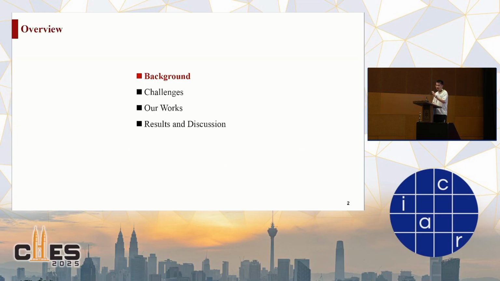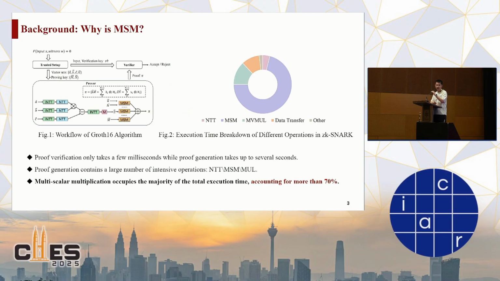Firstly, I'd like to introduce the background of our research. The first question is, why multiscalar multiplication? In recent years, zero knowledge proof has attracted more interest from both industry and academia. Figure 1 shows a classical algorithm using zero knowledge proof called Groth16.